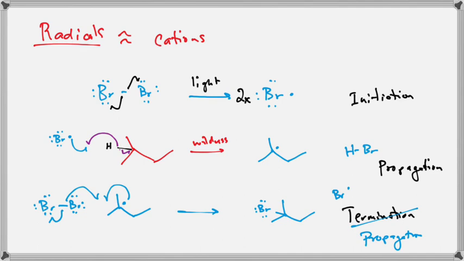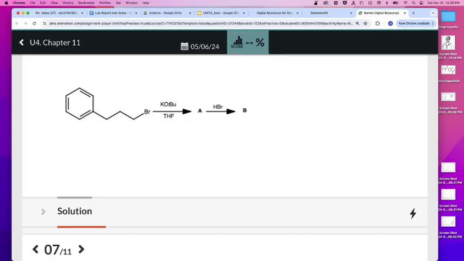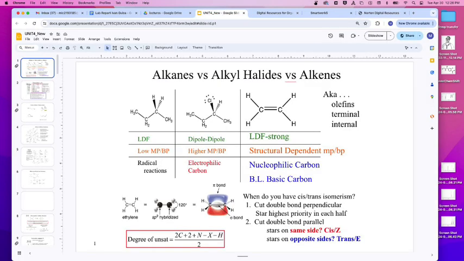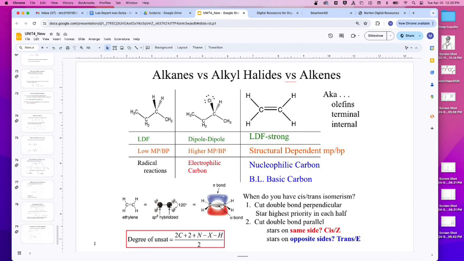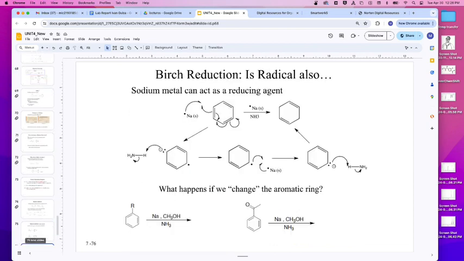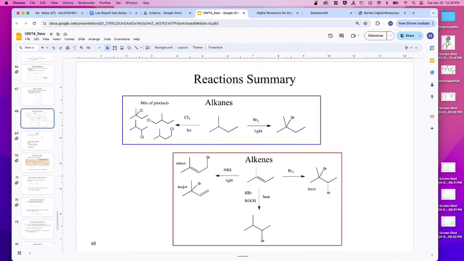Kind of make sense? The last specific piece, which we've already started trying to allude to, is now very specifically the reagents involved. So when we talk about radicals, you're supposed to know the reagents. That's this slide. Right?